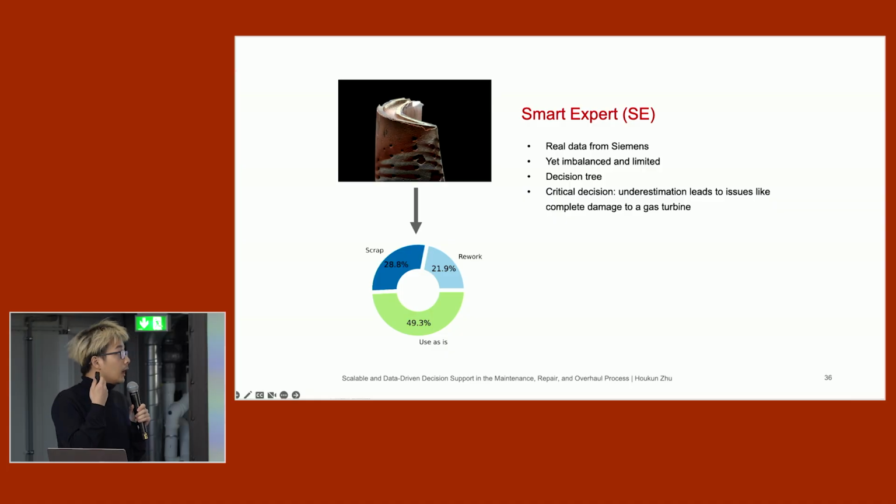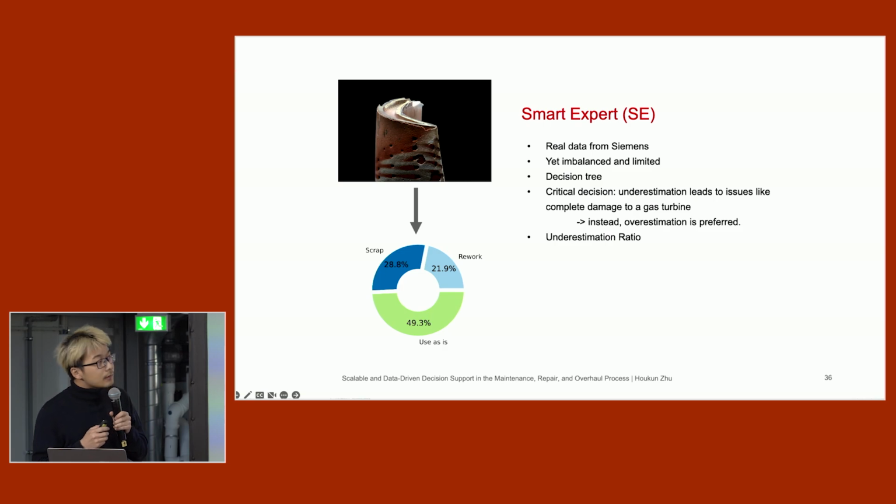When we put this blade back to the customer, it will be big trouble, as you can see here, that it could lead to complete damage to the customer's gas turbine, which is a disaster. Therefore, we prefer overestimation if 100% accuracy is not available, which is the reality for us.